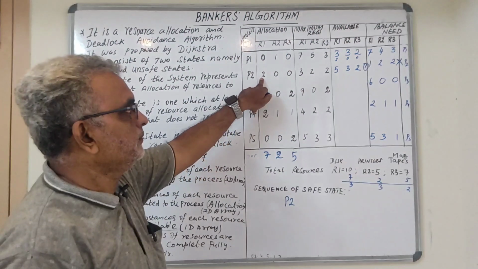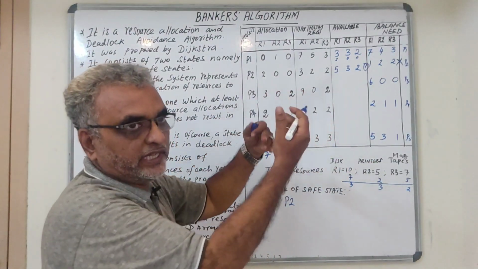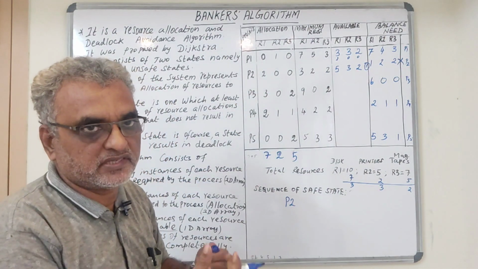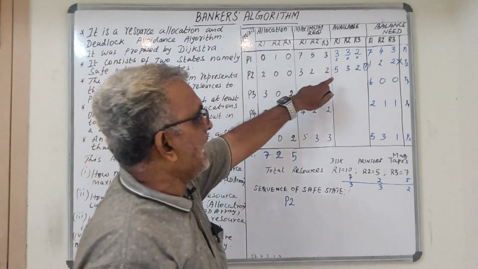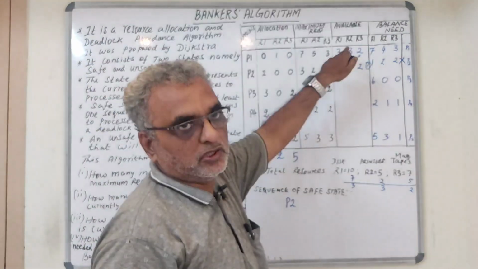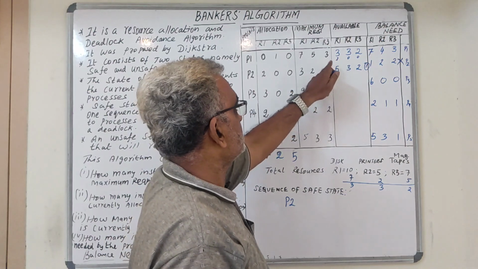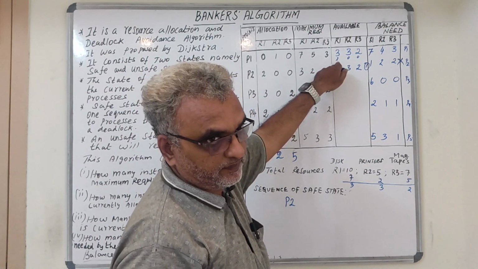Understand what actually I am doing? After completion of process 2, the resources can be reclaimed by the operating system. So 2 instances of resource 1 are added to the available instances of the resources. Okay, 2 instances of resource 1 are added to resource 1 here.